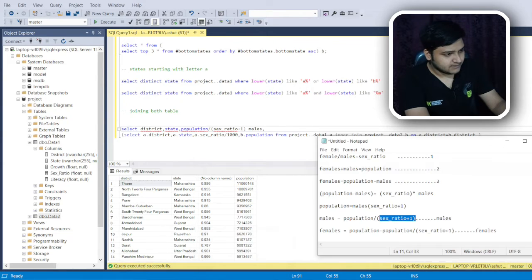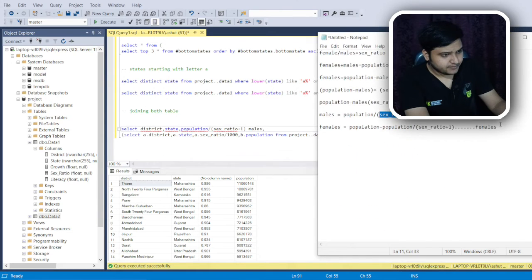If we simplify the formula more, let us see what we are getting here. If I simplify this formula, population is common in both of these, so I'm getting 1 minus 1 divided by sex ratio plus 1. Let us do some more calculations here.